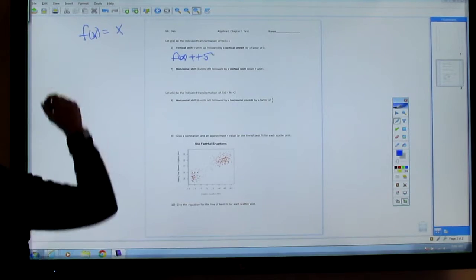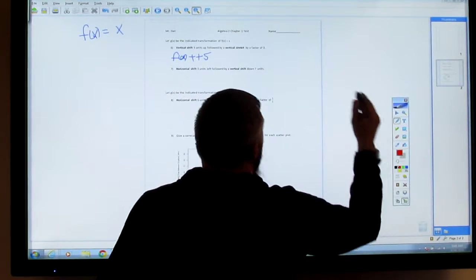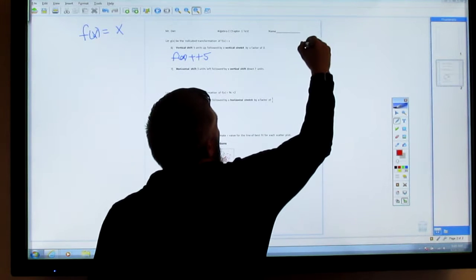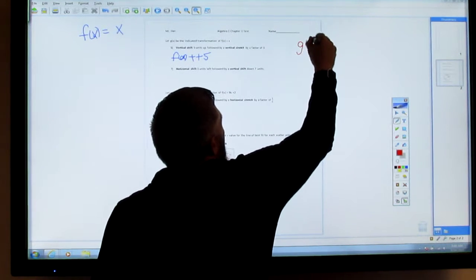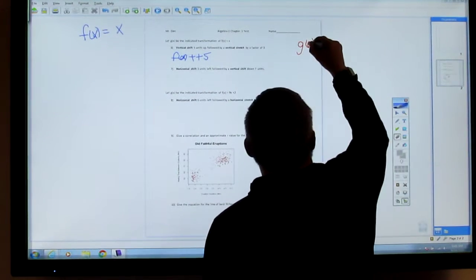Remember, when I rewrite this function, let's write it in red. Whenever we write this as g of x, right? I'm going to write it over here. G of x, okay? I really hate when it does that.